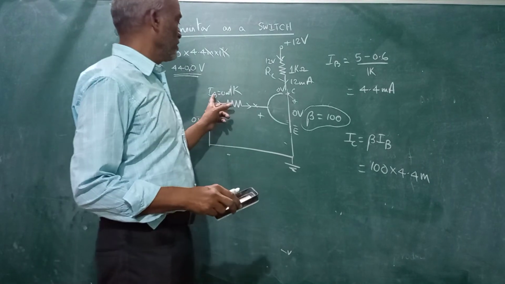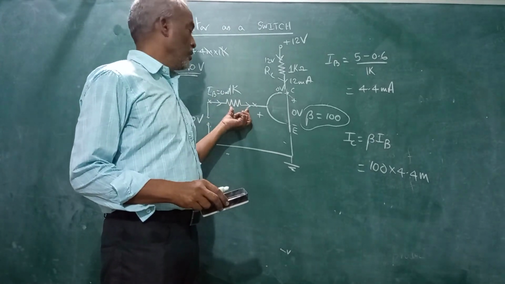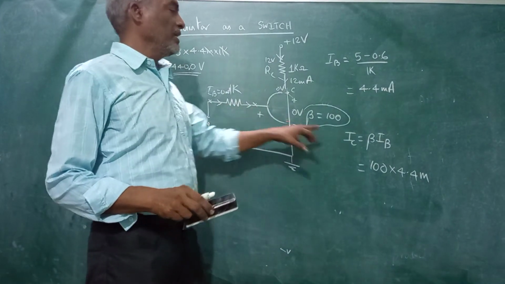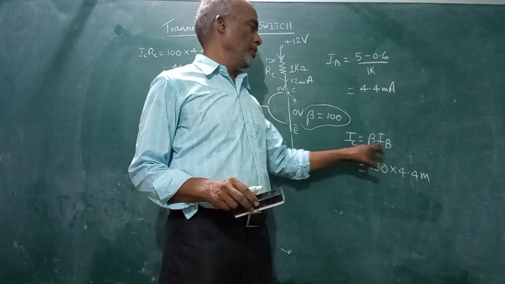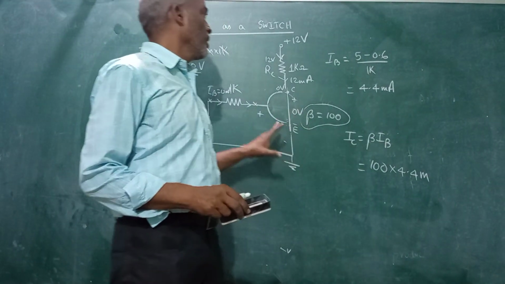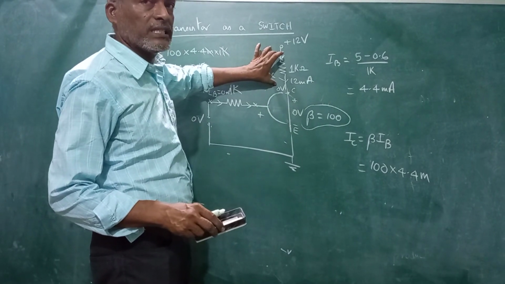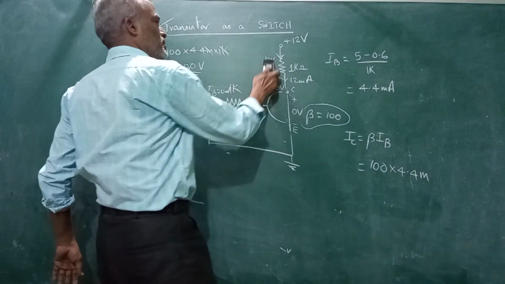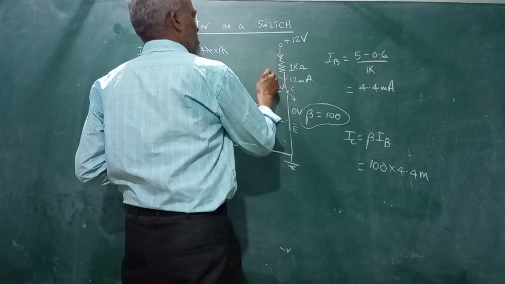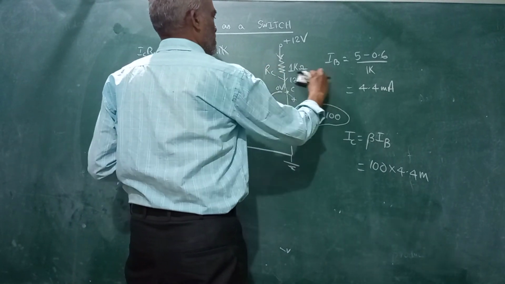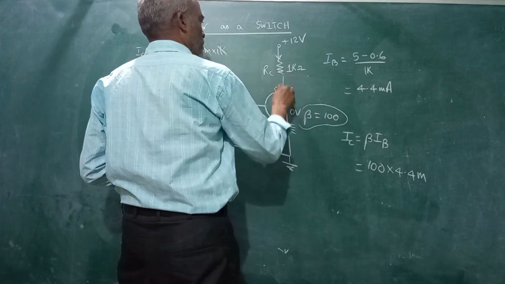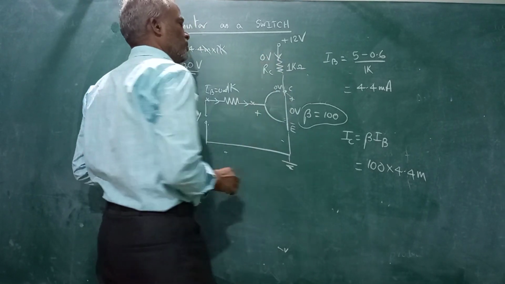You won't get any voltage, so this drop is 0. Since IB is 0, IC is also 0 because IC is beta into IB. If IC is 0, the voltage drop across the resistance is also 0. That means this is RC, the voltage here is 0. The voltage across RC is 0 volts.